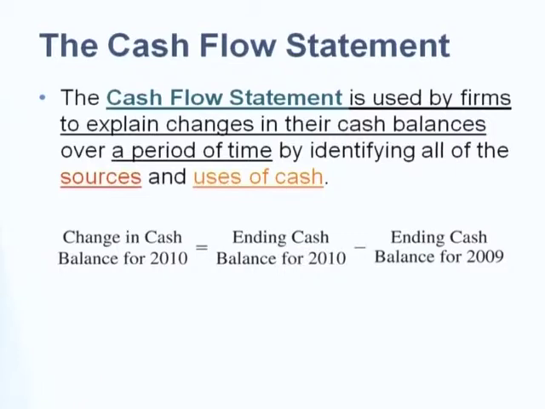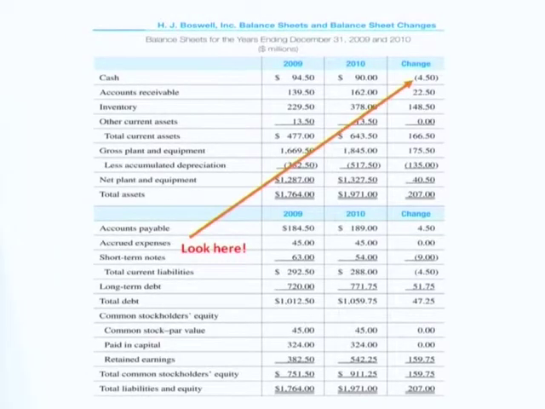Change in cash balance for year 2010 equals ending cash balance 2010 minus ending cash balance 2009. Ending cash balance 2010 is 90. Ending cash balance for 2009 is 94.5. So the difference is negative 4.5. We will try to analyze how it came to be negative 4.5.